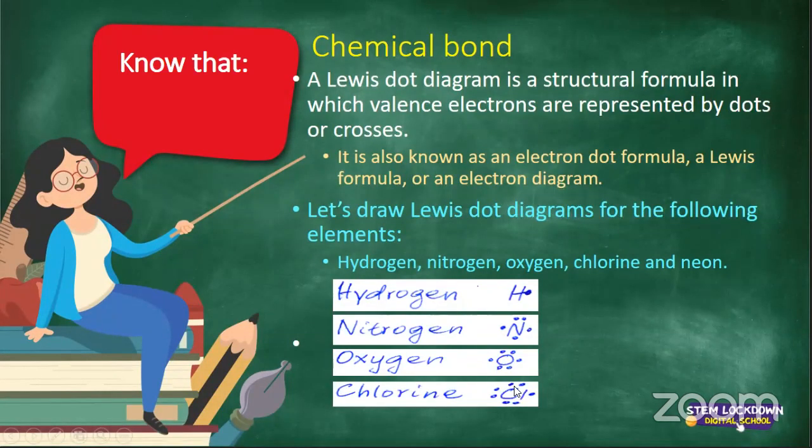Same applies to chlorine, it will have 2, 4, 6, 7, because it is in group 7, or normally it's called group 17 if we are to include transitional metals. Right, and then your neon here will be having all the 8 electrons on its outer energy level because it is in group 8 or group 0.